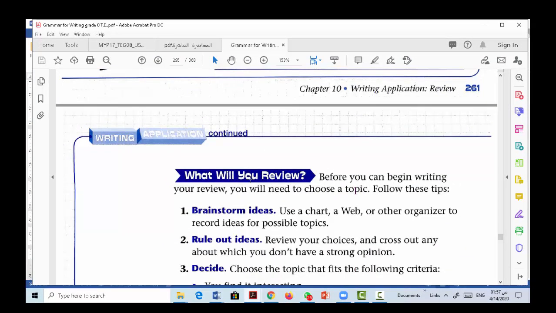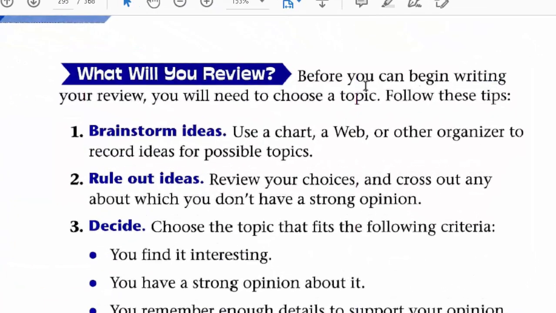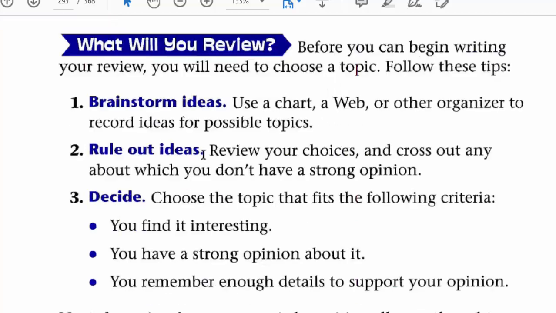Let's go to the next page, 262. What will you review? Before you can begin writing your review, you will need to choose a topic. How do I choose a topic? Of course, there are steps. Brainstorm ideas, like count a number of ideas to write about.